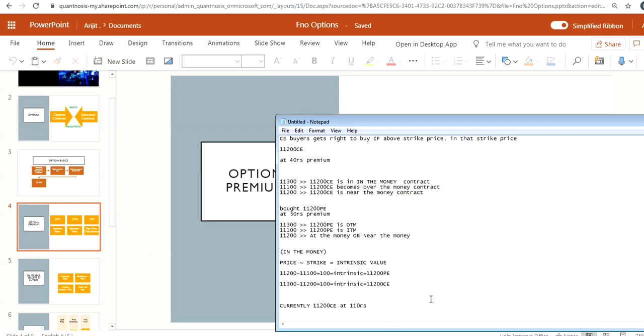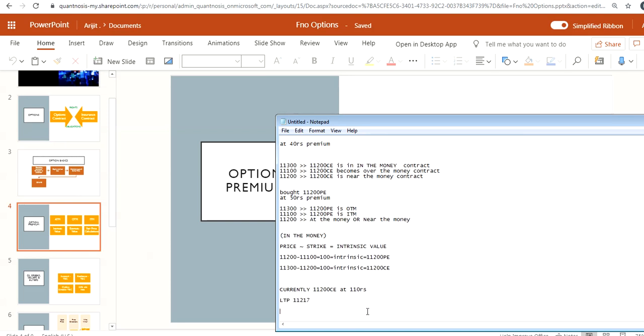Since 11,217 means 11,200 C is in the money, how much is the intrinsic value? The difference between 11,217 and the strike 11,200 is 17 rupees.